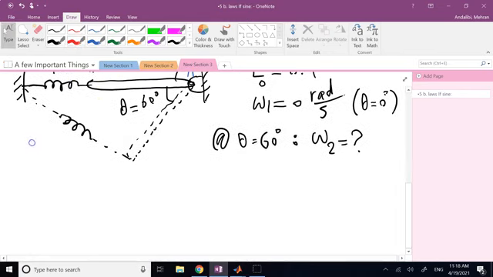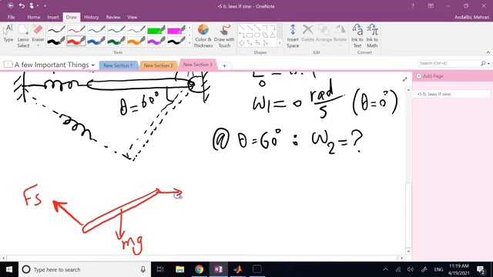There is the spring force, if you draw it at arbitrary angle, correct? There is the spring force on it, and there is mg, and there are the two pivot forces, AX and AY, which do not do any work because they are applied to a stationary point. The only forces that are doing anything are spring force and mg.